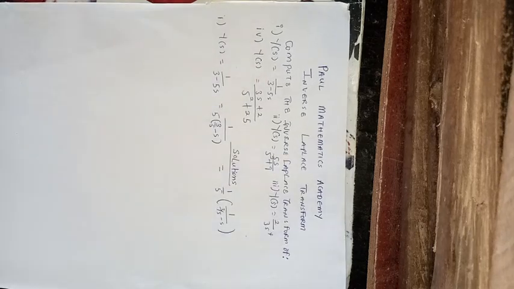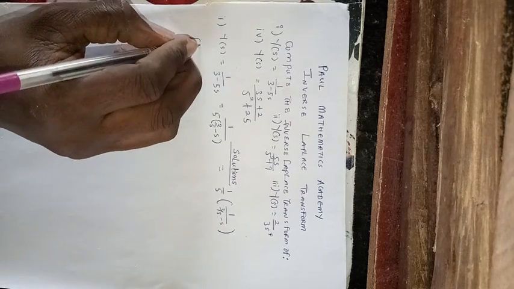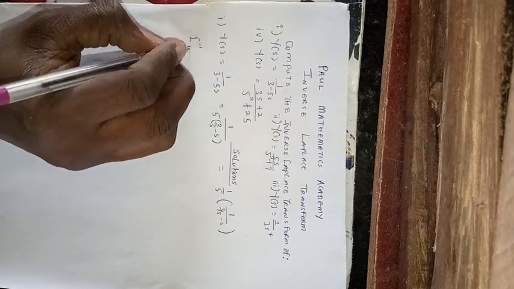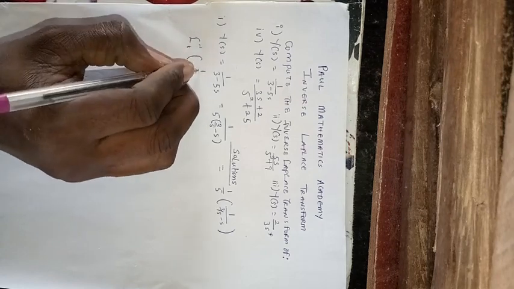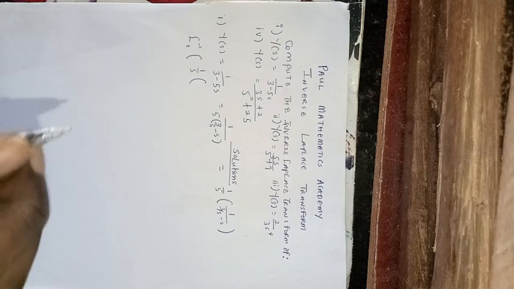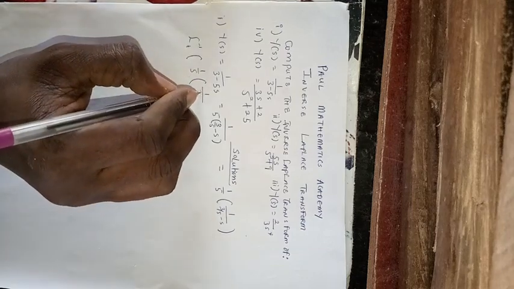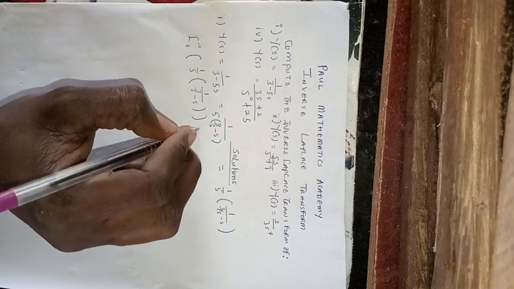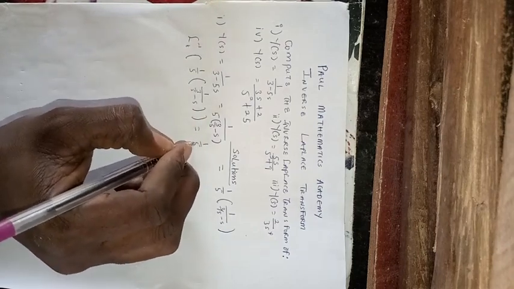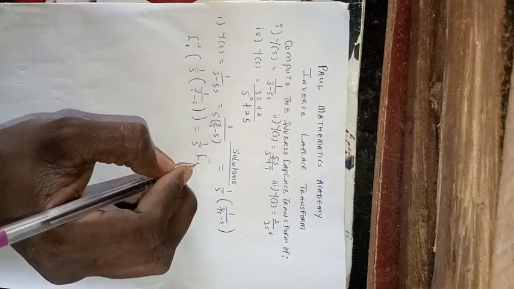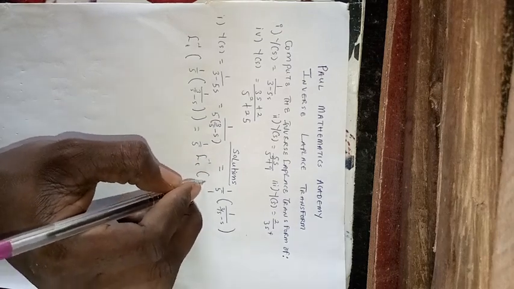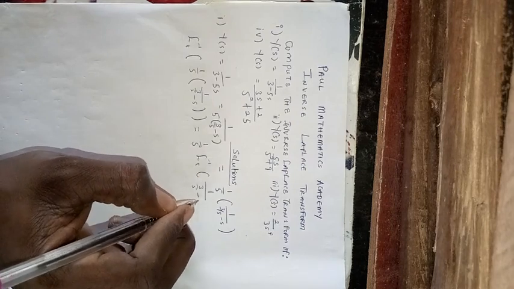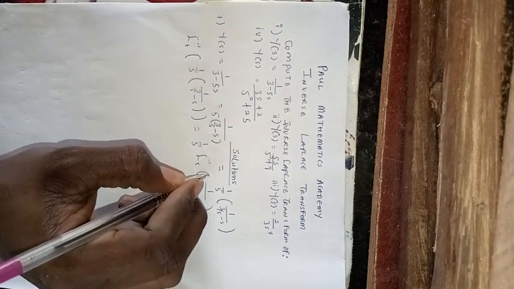Now let's find the inverse Laplace. So the inverse Laplace of 1 over 5 into bracket 1 over 3 over 5 minus s will be equal to 1 over 5 multiplied by the inverse Laplace of 1 over 3 over 5 minus s.